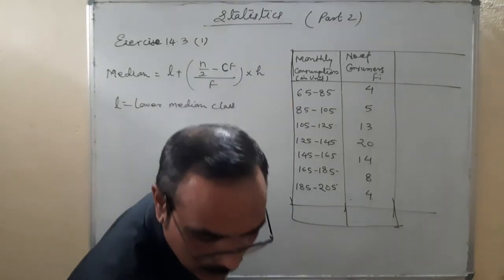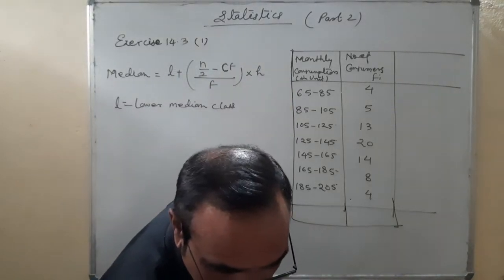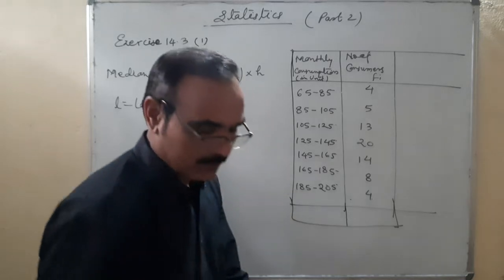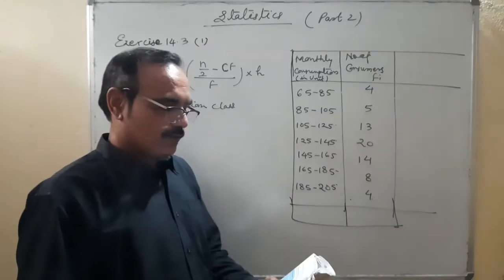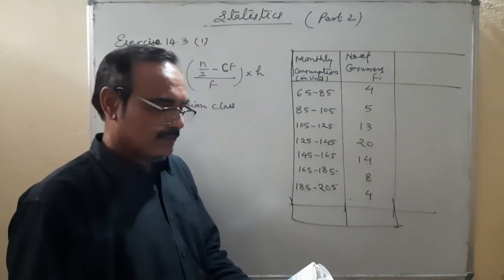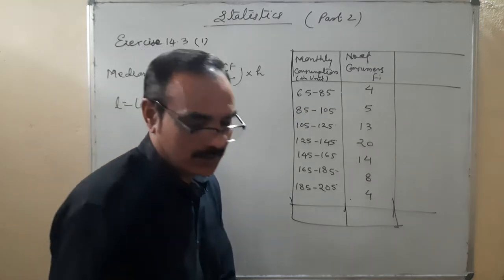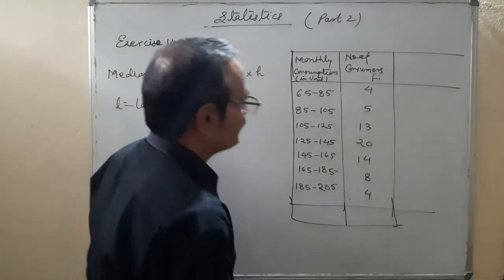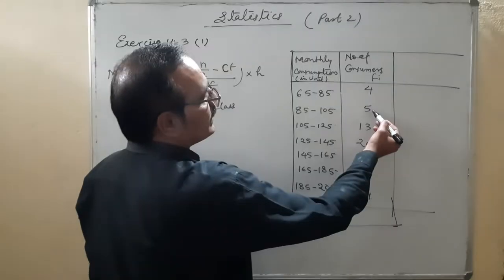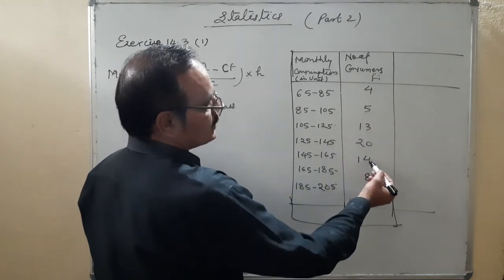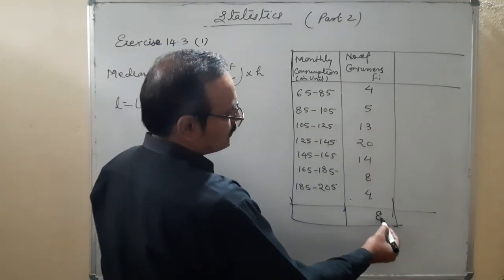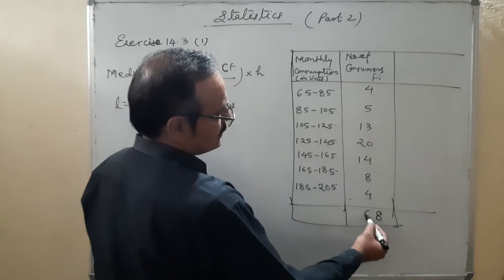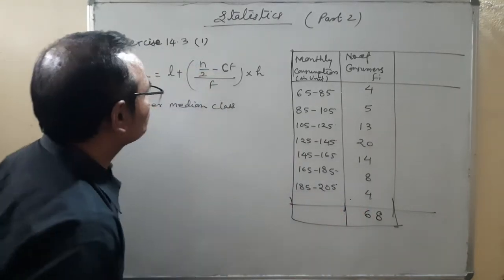N is given in the book: the following frequency distribution gives the monthly consumption of electricity of 68 consumers. Total 68 consumers are given. Just let us check it: 4, 9, 22, 42, 56, 64, 68. N is equal to 68.